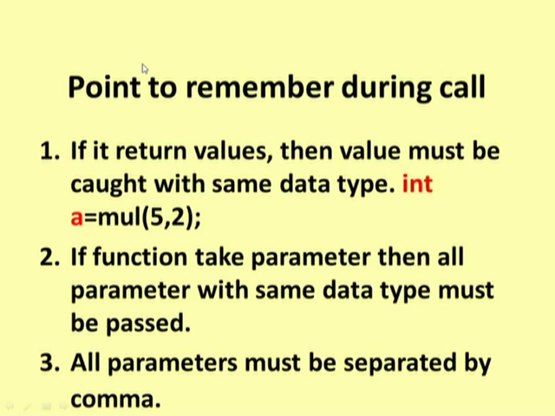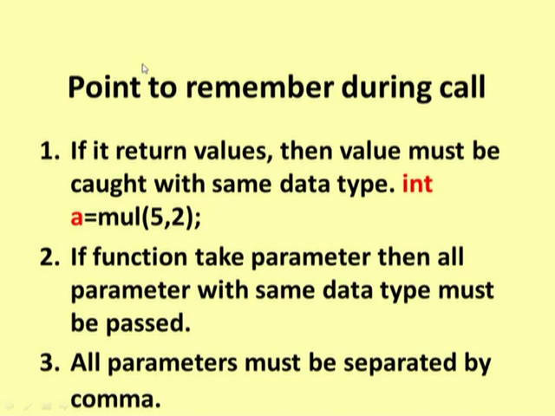Number 3, all parameters must be separated by a comma. Again, let us discuss: point number 1, if it returns a value, then the value must be caught with the same data type. Number 2, if the function takes parameters, then all parameters with the same data type must be passed. And point number 3, all parameters must be separated by a comma.